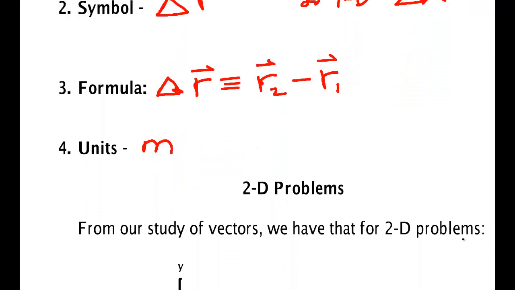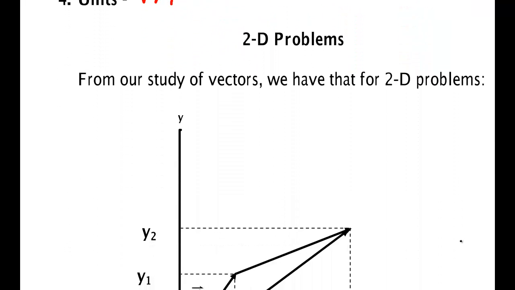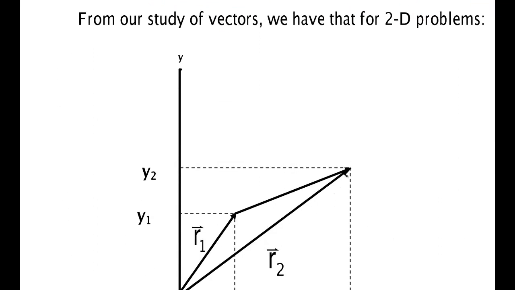We can look at this graphically. Here I have a ball. The ball initially was right here, and it was given by this vector r1. Let me mark that a little bit brighter, make it easier to see.